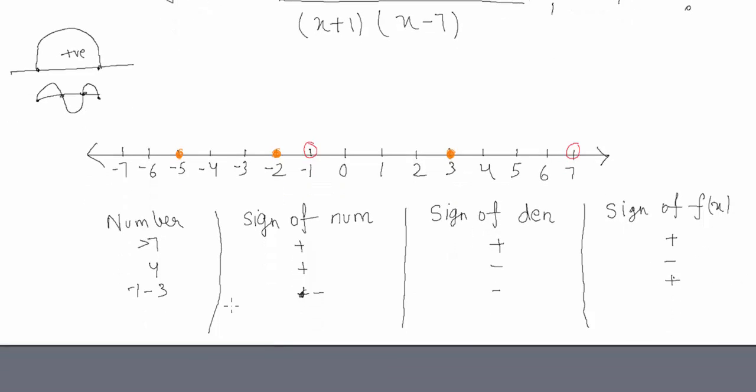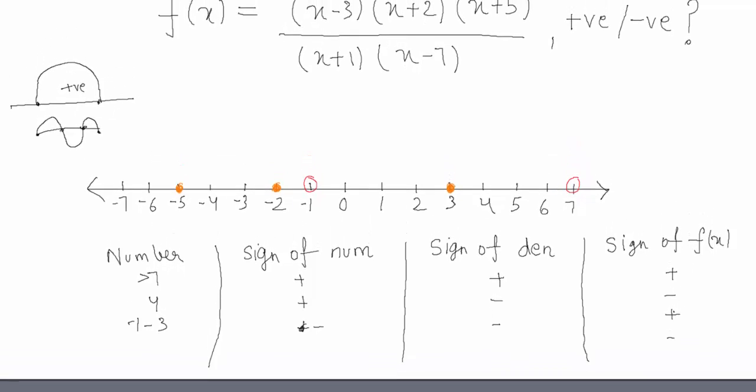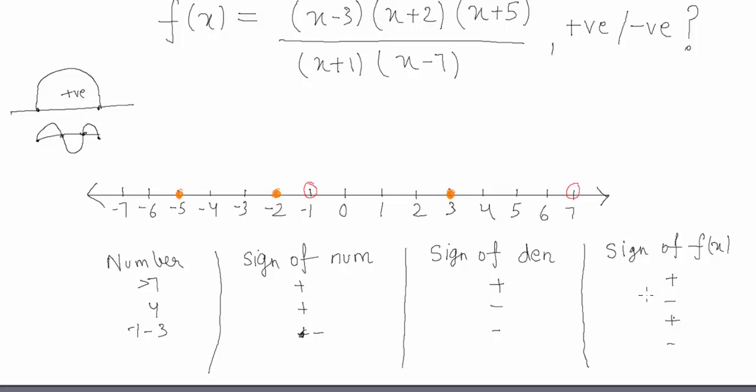So similarly you can do this for all these intervals, and you notice one pattern here. The sign of the function goes like positive, negative, like that, and this is actually a special property of these types of functions. It's not a generalized rule, like you can't say the sign is going to be alternating all the time. It's not a general rule, but we'll discuss more about this in the next video.